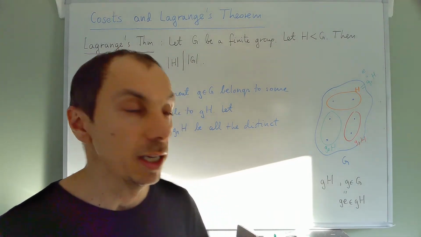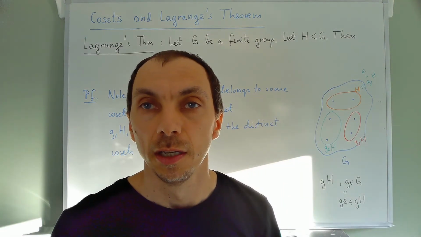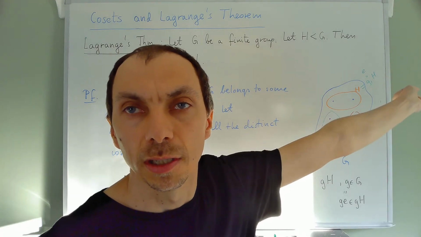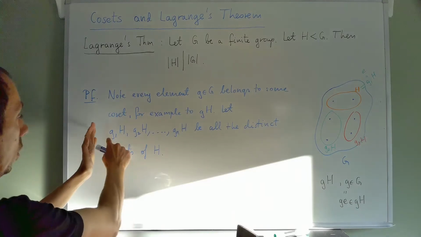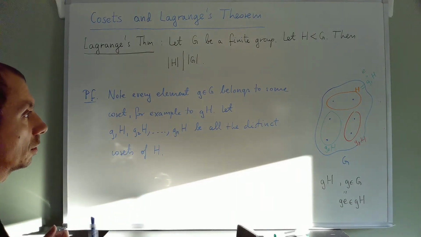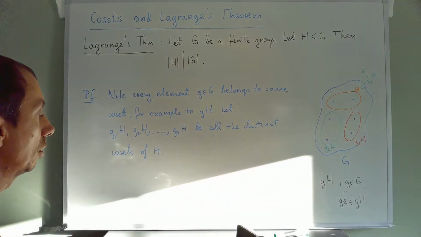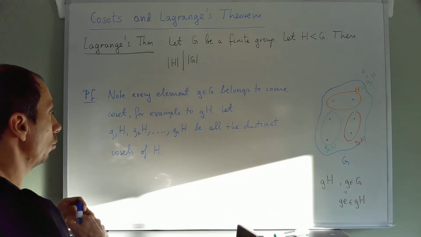So even though I can, like in this case, use 6 different g's to produce cosets, I only get 3 different ones, right? I would get repetition if I used all 6 of them. So I'm only going to look at the different ones. So in this case, it'll be like g1H, g2H, and g3H. So we know by the previous proposition, we know they're all disjoint.